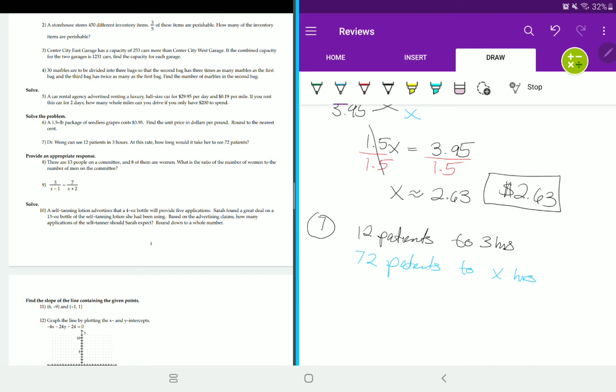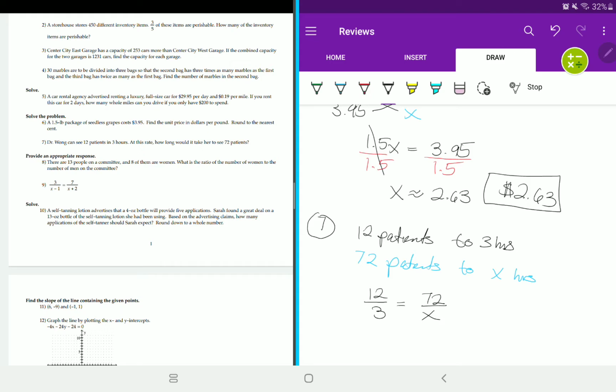The units are the same and they're in the same order. So once again, I can set this up as two ratios equal to each other, which are proportions. That is going to be 12 over 3 equals 72 over X.